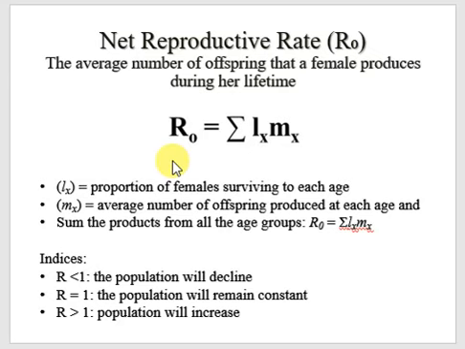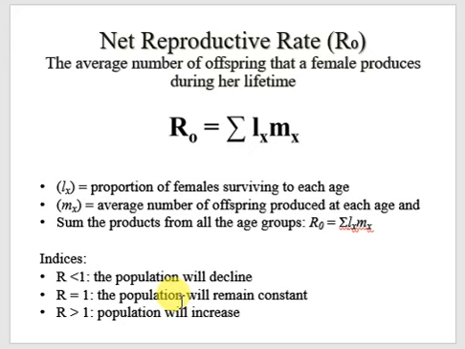If your R value, so if your reproductive rate, is less than 1, the population will decline. A net reproductive rate equal to 1.0 indicates that a population will remain constant. It's neither increasing nor decreasing, but rather the numbers are being replaced exactly, and that population is therefore stable.